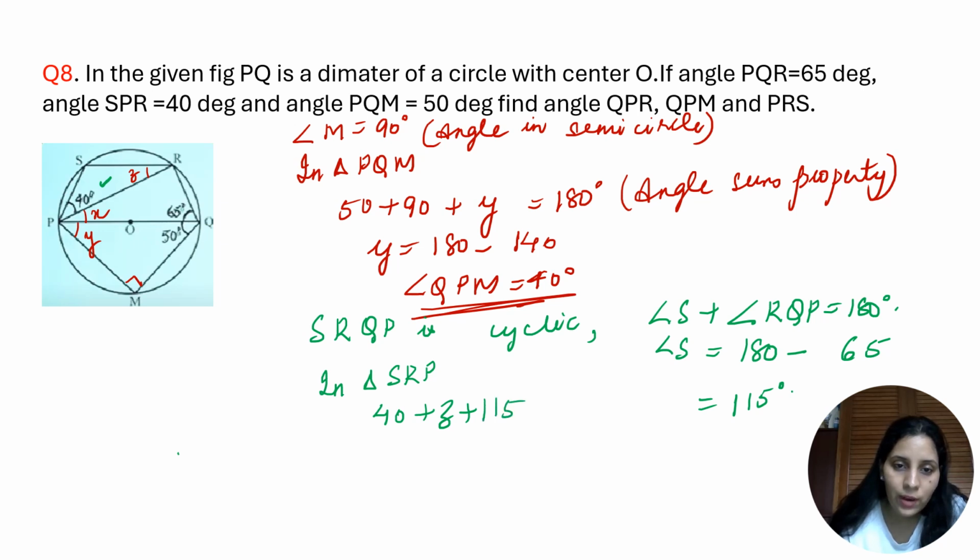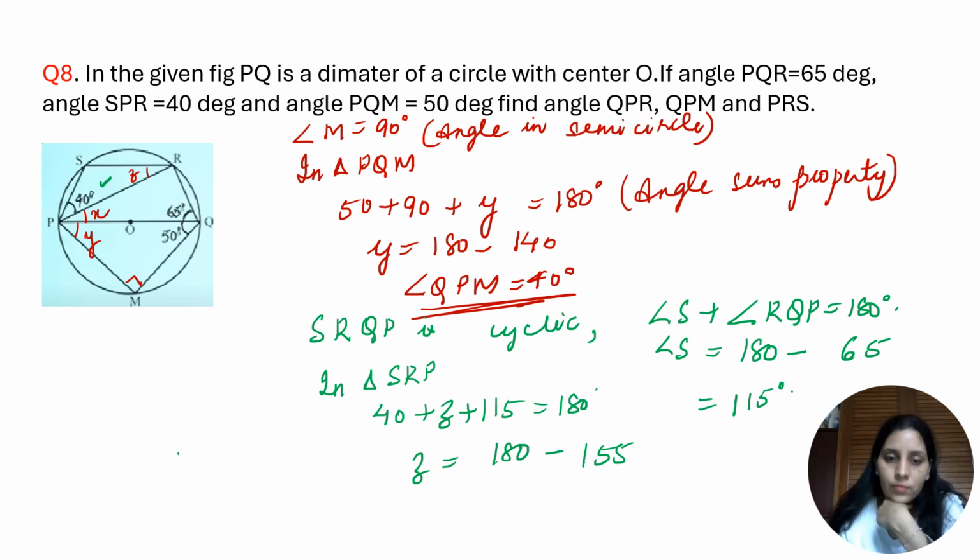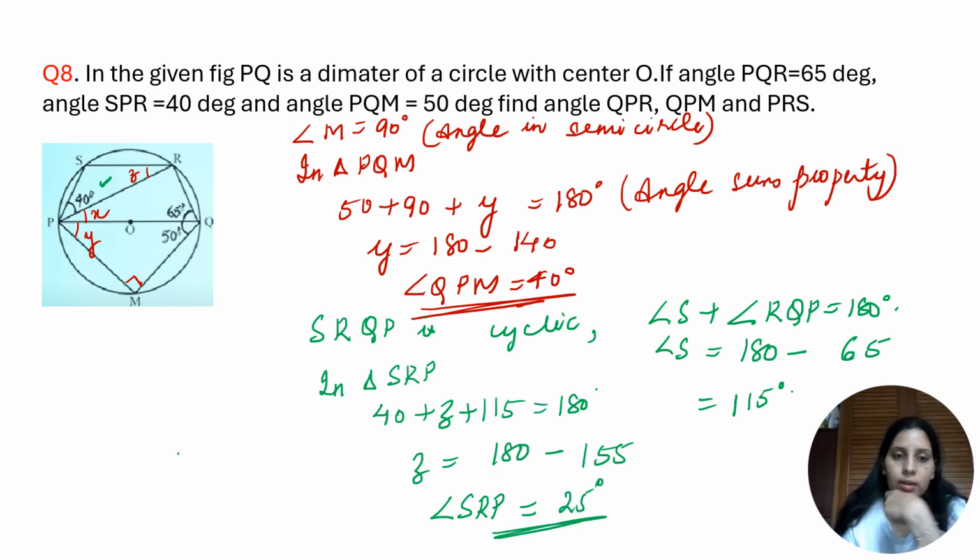Plus 115 is 180. So from this Z is 180 minus 155. Okay, so what is Z? SRP is equal to 25 degrees.